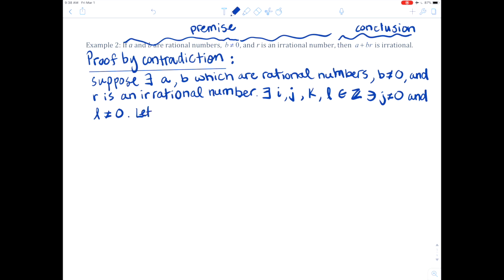So if we let A equal I over J, B equal to K over L.